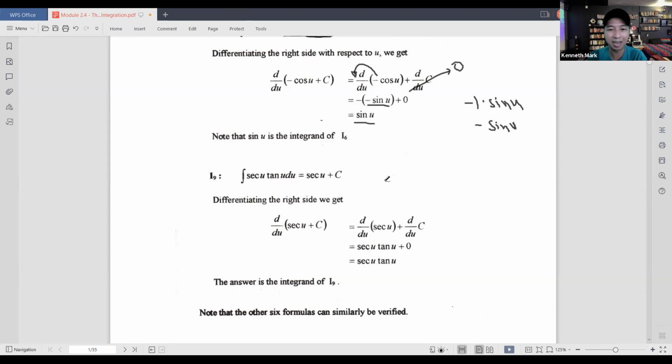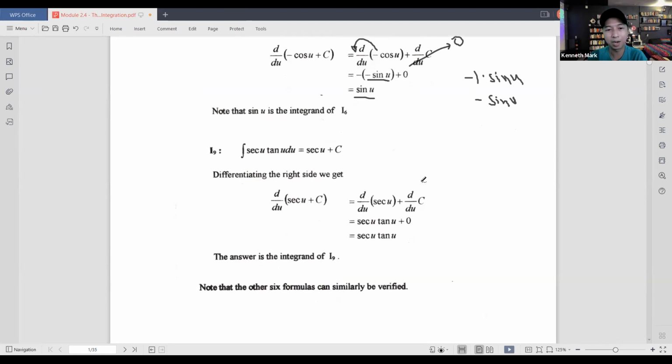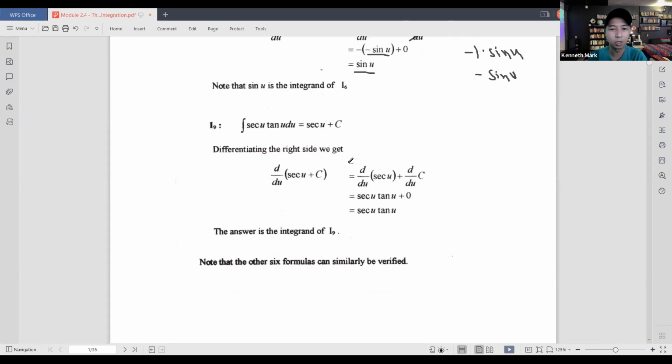Okay, so you can derive your final answer and check if tama ba yung pag-integrate mo. So if you're not sure if your answer is correct, then try to derive your final answer. Okay, so for this one, we have the secant u. So derive natin yung secant u, that is derivative of secant u plus yung derivative ng constant. So this is 0 pa rin. So automatically you have secant u tan u matitira, which is also our integrand of this formula.